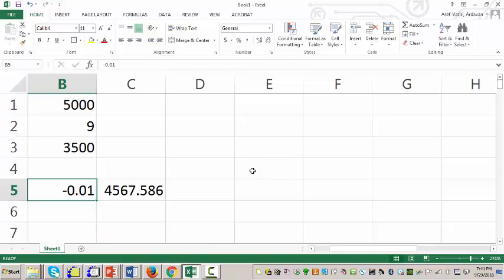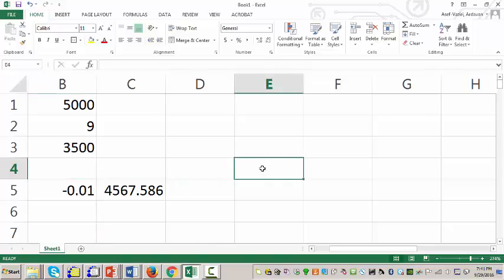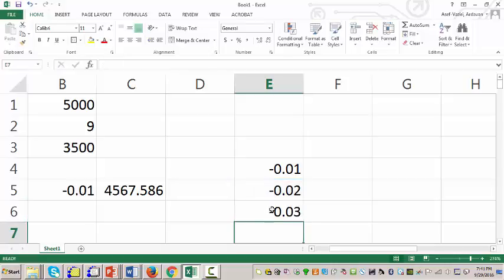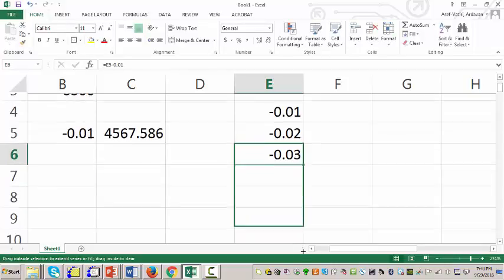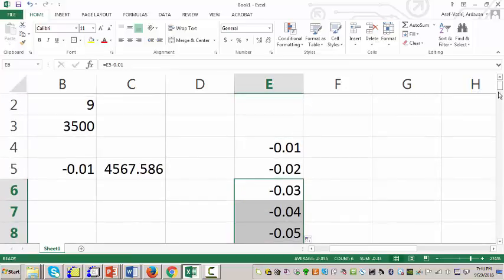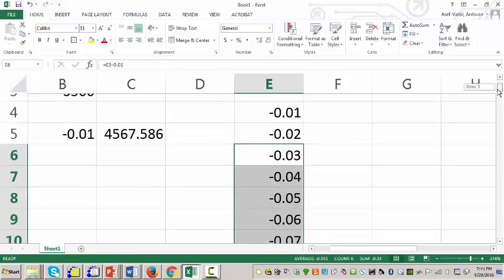Now, I come here, I type negative 0.01, negative 0.02, or I just say equal to this one, negative 0.01, to create negative 0.03, negative 0.04, and so on. Okay, so I created these numbers.